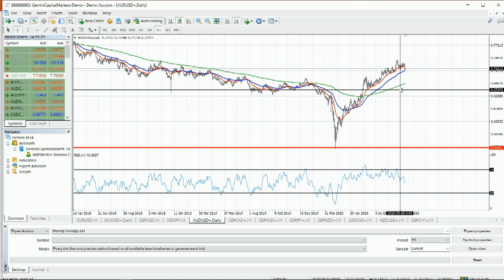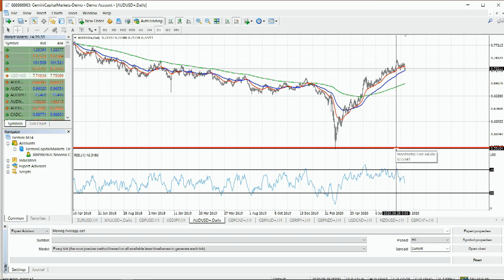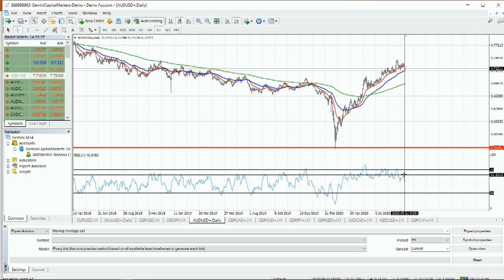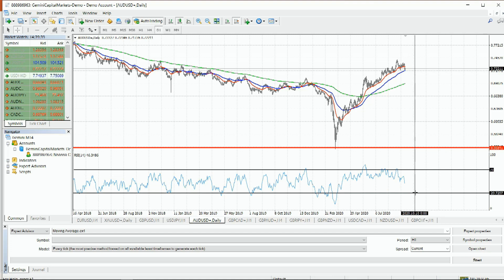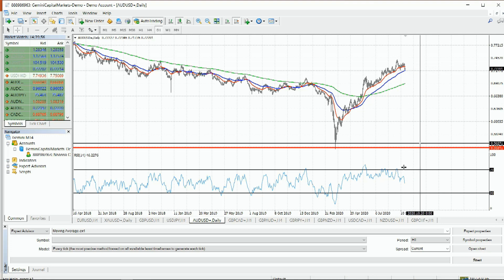So in this case, if you have done your analysis and you wanted to buy, and RSI tells you that the market is overbought, you might be better off waiting for the market to move back, at least for RSI to move back and come to around the oversold areas, which will probably offer you a better trading opportunity. This way, you will not be buying a market that is too high or selling a market that is too low.